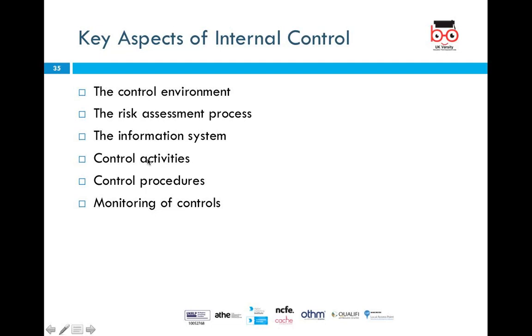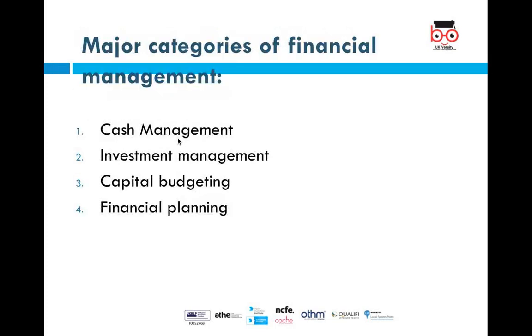What kind of control activities are going on in the business, and what kind of control activities are being taken on behalf of the management to prescribe a good strategic decision in the future. Control procedure and monitoring of control. These are all the key aspects of internal control for the management decision, for the effective financial strategic decision on the basis of financial information and financial data.